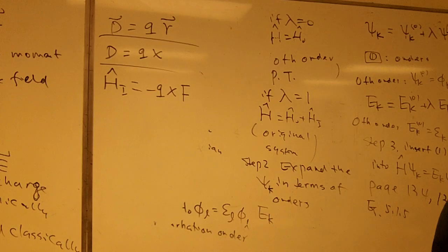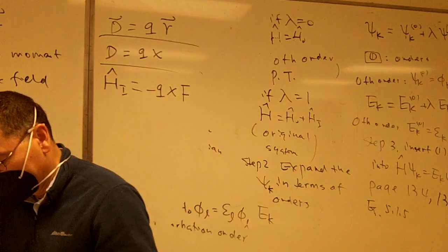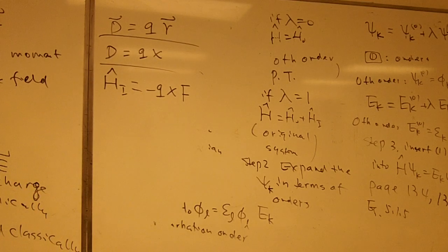Here D is the dipole Qx, and H sub I equals negative Q times F of x times x. The eigenvalues and eigenstates of the unperturbed system are E sub n to the zeroth order equals n plus 1/2 h bar omega, and phi sub n, denoted as n.